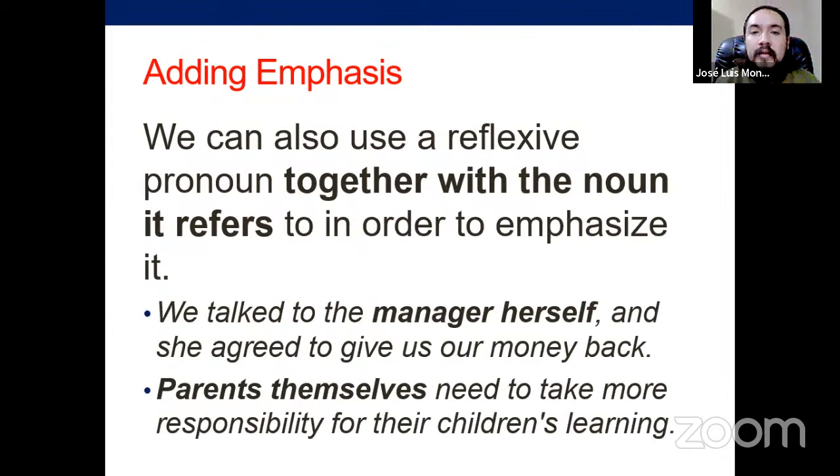The third type, the same emphasis, but it is not for the entire idea, for the entire action. This is for one noun, and it can be a person, it can be an object, it can be an idea. Okay, the manager herself, parents themselves. That's the example.